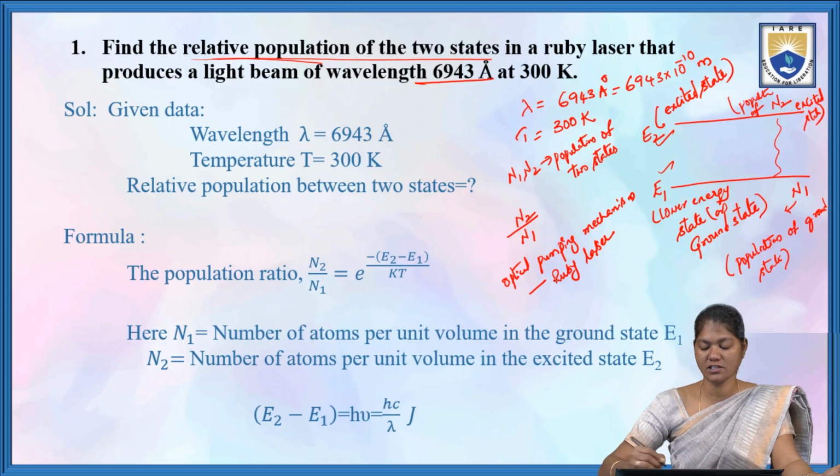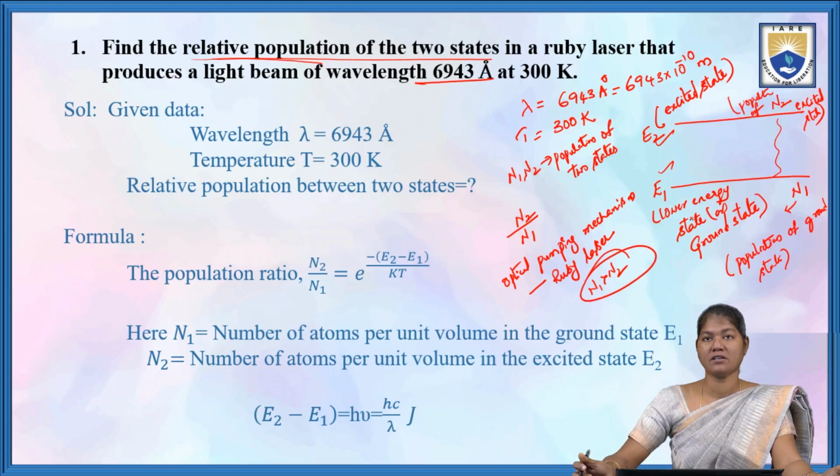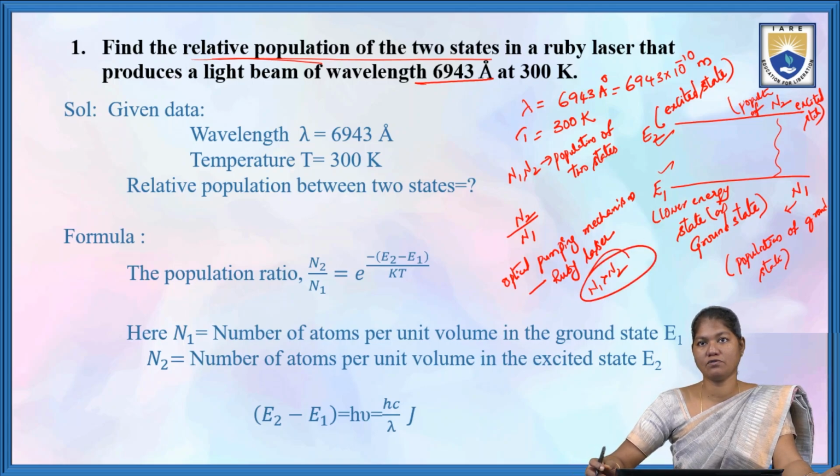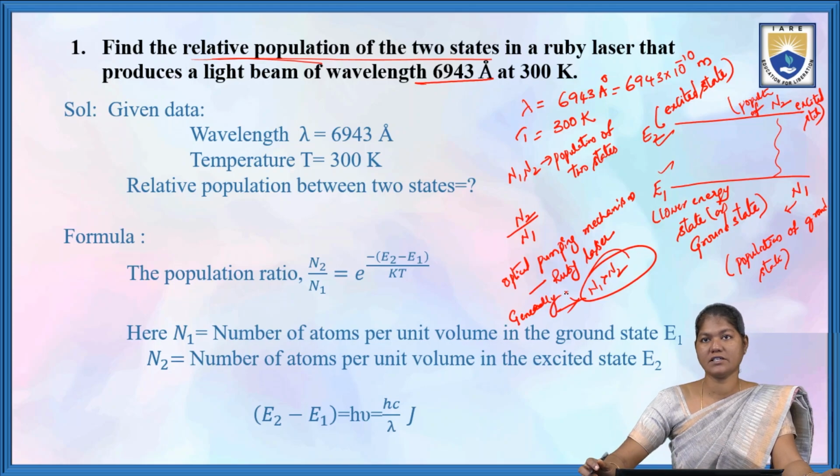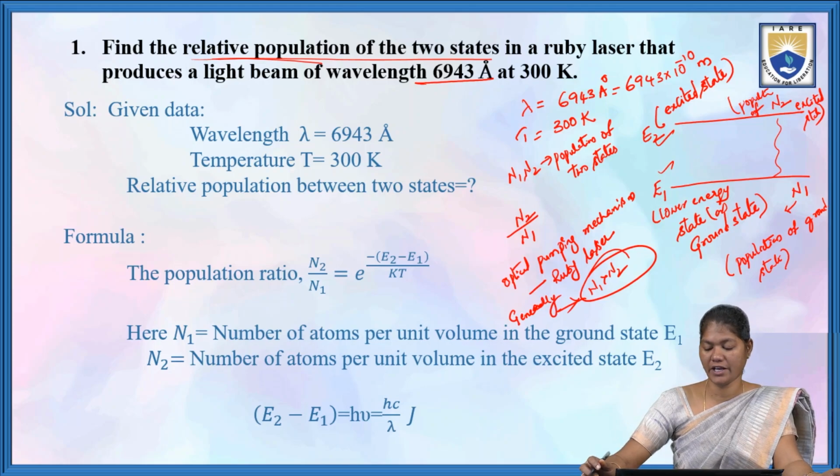In the general case, N1 is greater than N2. Generally, the number of atoms per unit volume in the ground state is greater than the number of atoms per unit volume in the excited state.